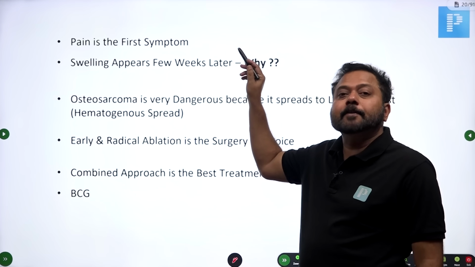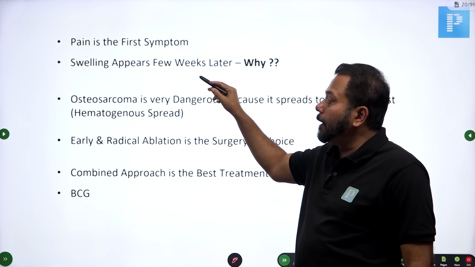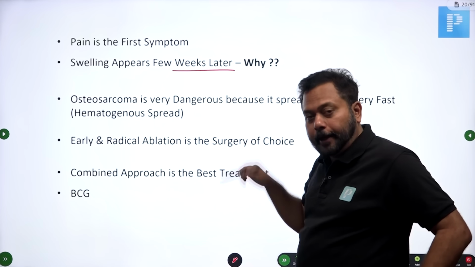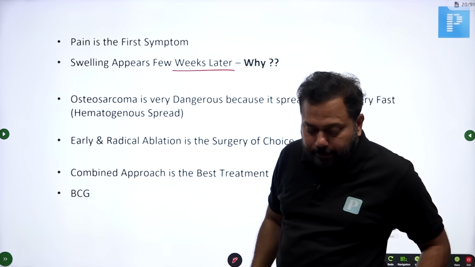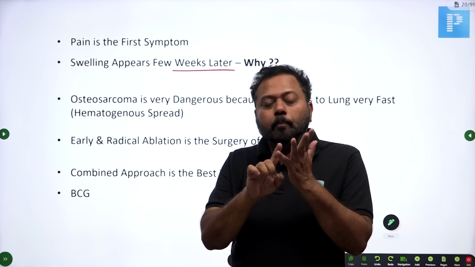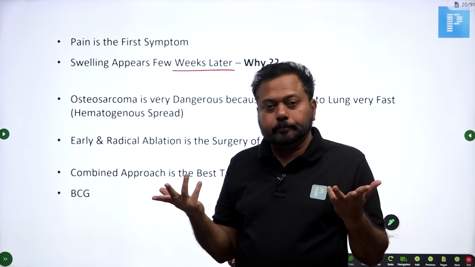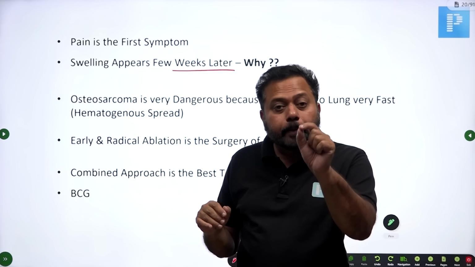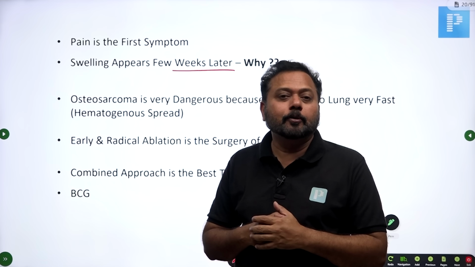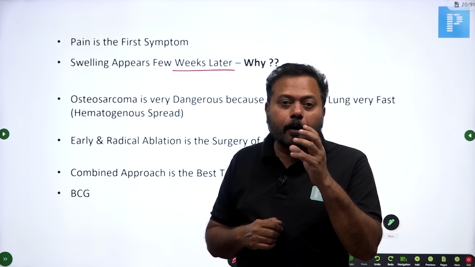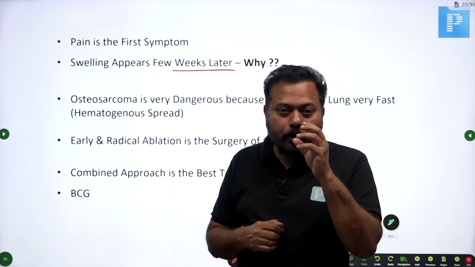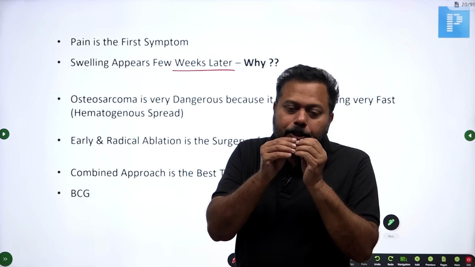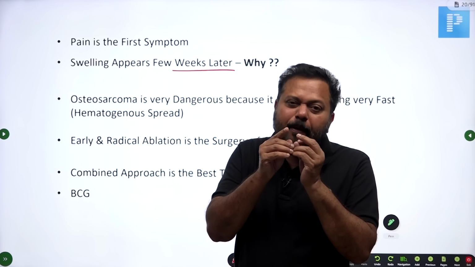And pain is the first symptom. Swelling appears a few weeks later. Why? See, this is a very concept-based area. You know, bone is insensitive. Then which is sensitive? Periosteum is very sensitive. So once osteogenic sarcoma has started in the metaphysis, initially it will lift the periosteum.